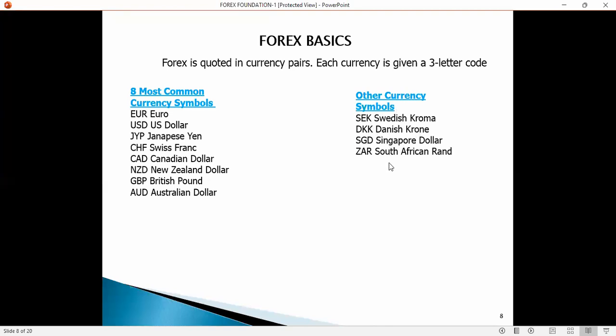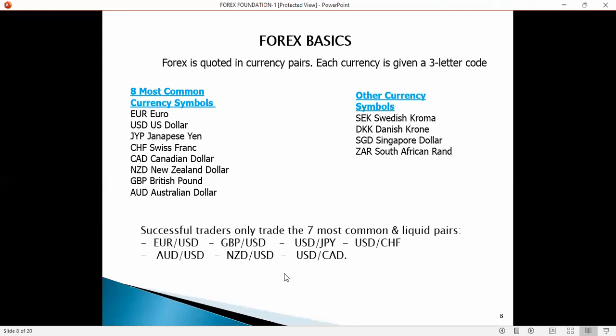They are the exotics because they are not traded as much as the ones on the left hand side. These are the common ones, but these are not the most traded ones. They are exotic, which means people don't trade them as often as the ones on the left hand side. I hope this is clear, guys, those of you who are new.